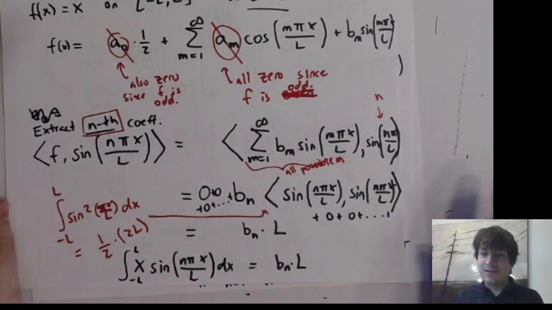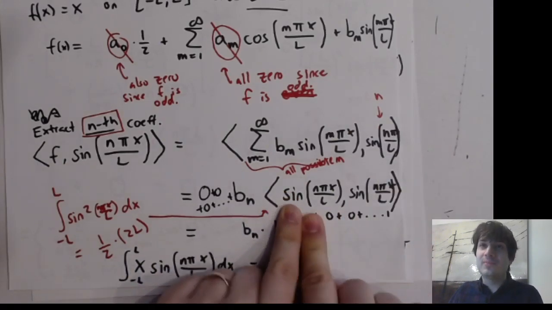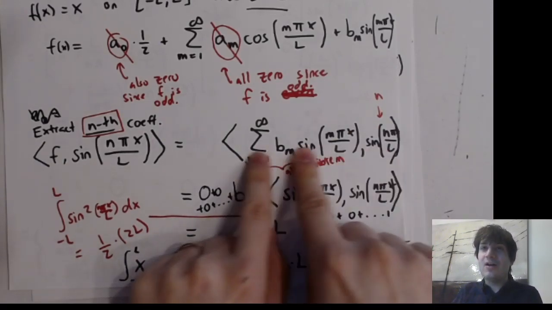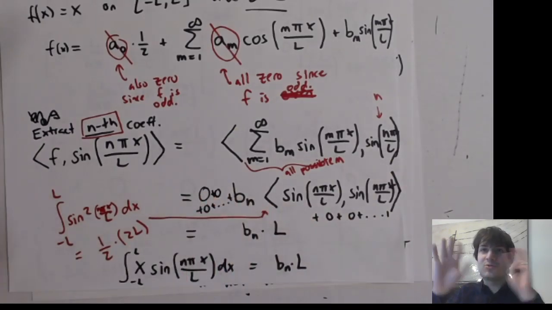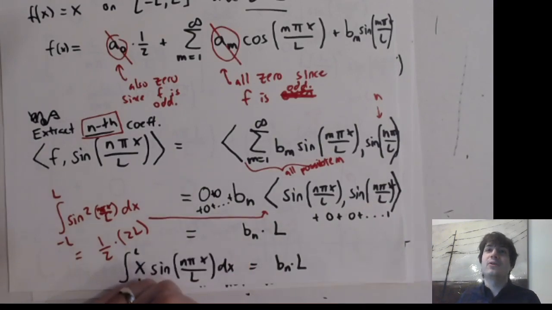I would say that the only non-zero term is the term when m equals n. All the other terms are 0, which is why this whole orthogonal basis magic works. It extracts the term you're looking for. Okay. I'm not sure if that was clear or not. This is, again, review from last time. Okay.